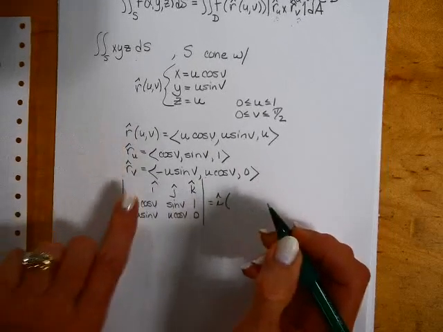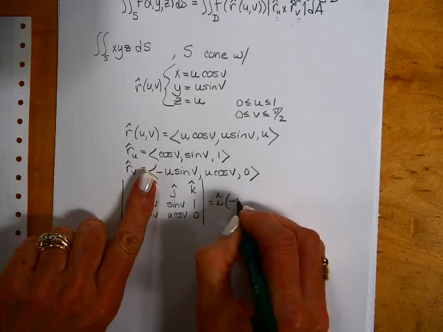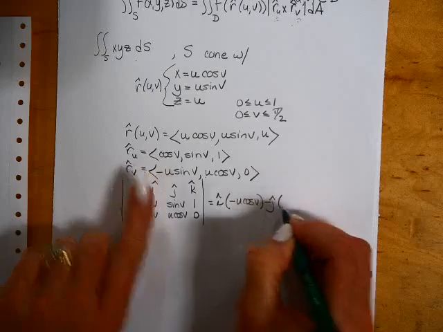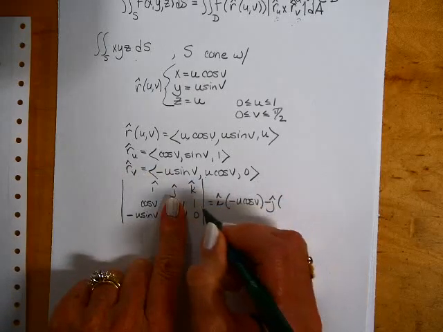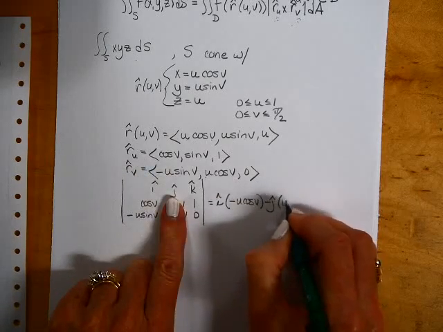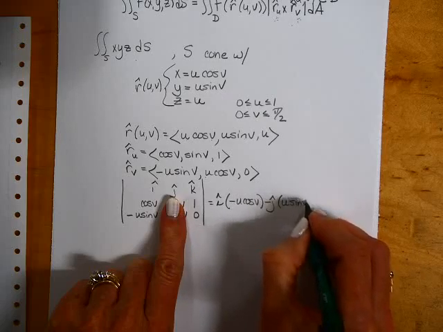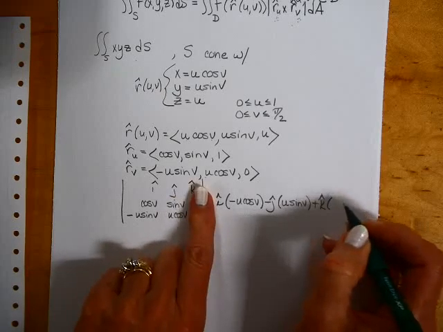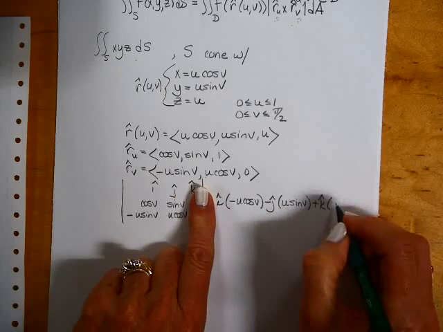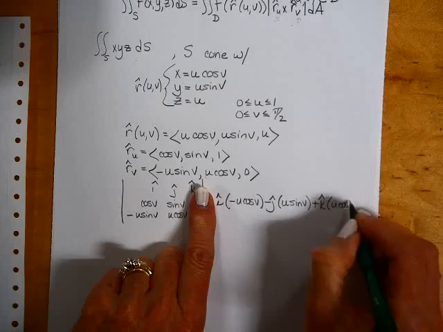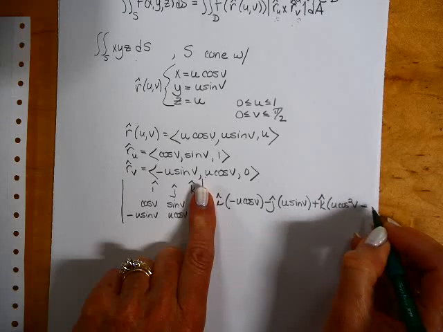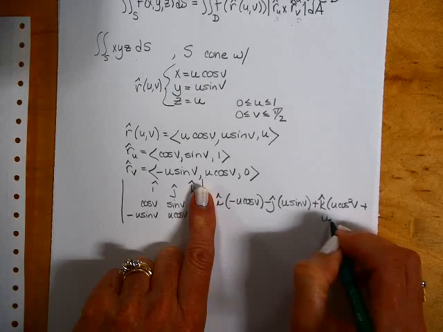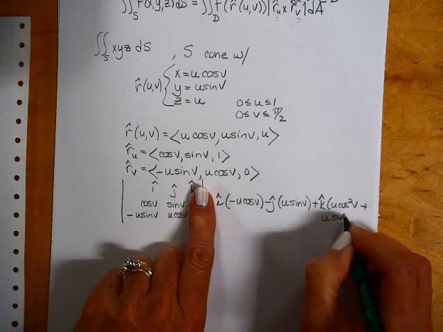All right, so this is i times (0 minus u cosine v), minus j times (0 minus a minus, which makes that u sine v), plus k times u cosine squared of v minus a minus, which is plus u sine squared of v.